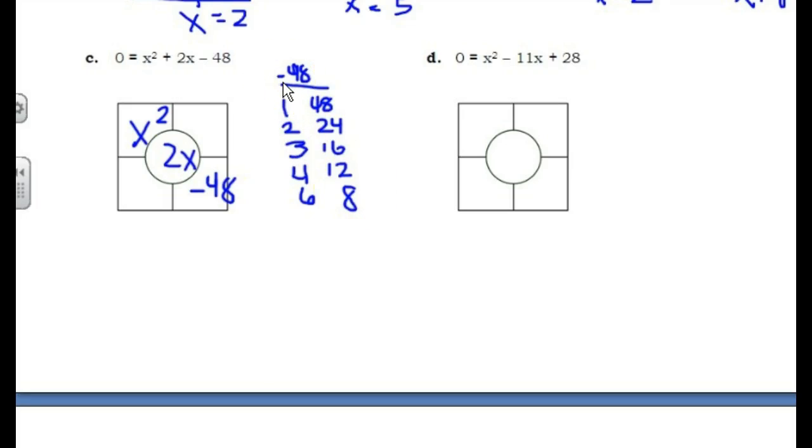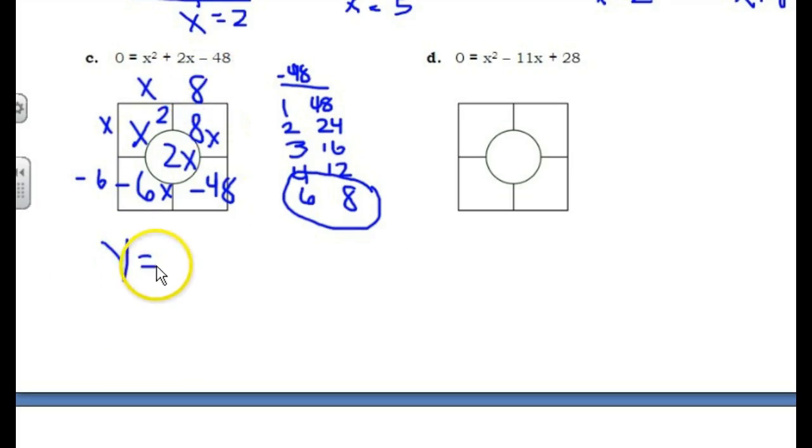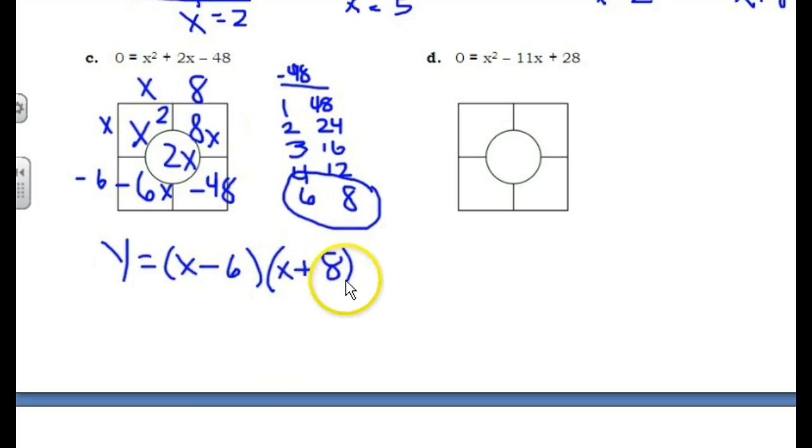Because it's negative, one of these numbers is going to be negative. To leave with a 2, I can do negative 6 and 8. So negative 6x, 8x gives me x, negative 6, positive 8. So my equation in factored form is y equals x minus 6, x plus 8. My roots are x equals 6 and x equals negative 8.